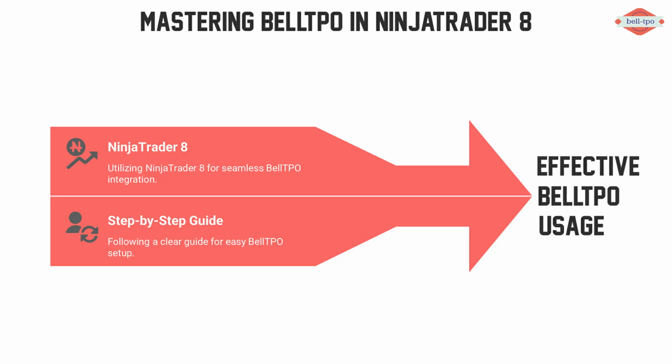Secondly, we follow a step-by-step guide to load our BellTPO indicators, adjust the settings, and explore key features like zooming, customizing, navigating and aligning the charts. Both steps together lead to effective BellTPO usage where traders can fully unlock the power of Market Profile Pro, Bell Orderflow Pro and Bell Trend Analyzer tools in their professional desktop setup.